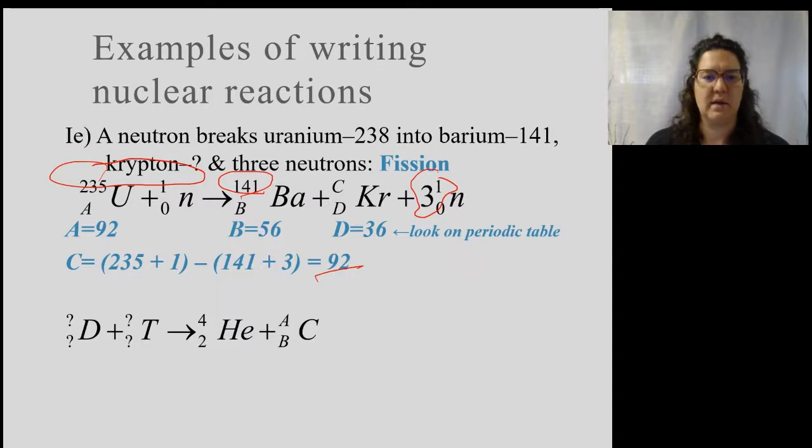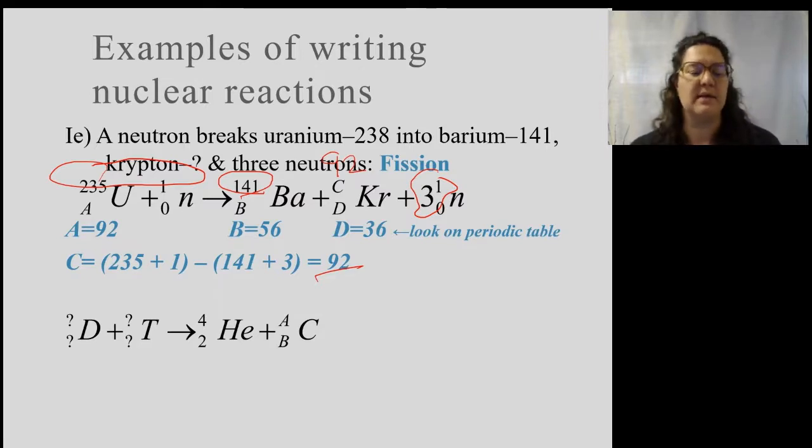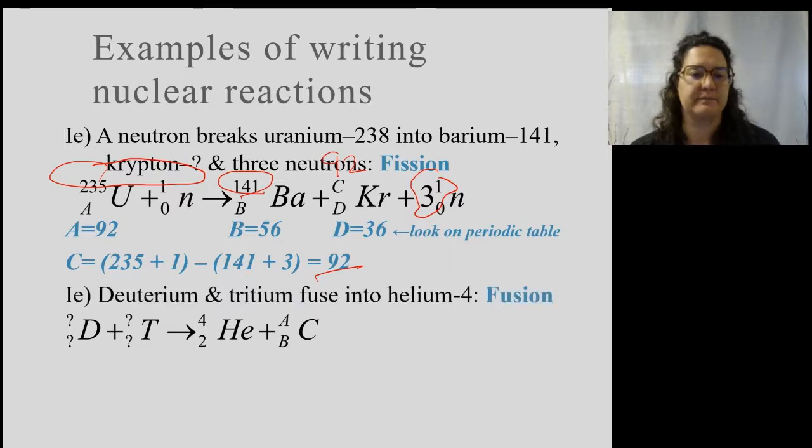So the atomic mass number of the krypton is going to be 92. Again, it's just simple. Once we find the atomic numbers of our elements, we find our one unknown atomic mass with a simple left side versus right side of the equation.